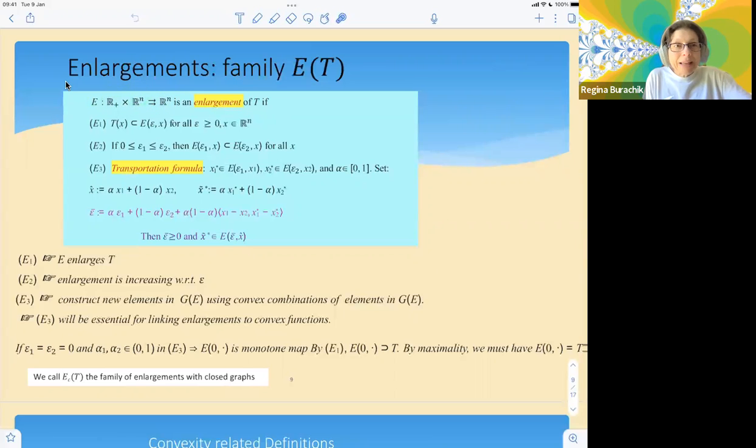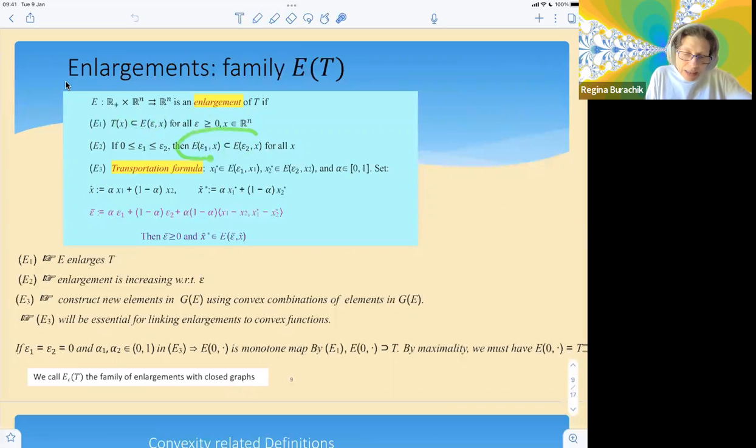And what is the ideal property of this enlargement? Of course, for every parameter epsilon, it should contain the target set. Your target set is Tx. And when the parameter decreases, the accuracy of your approximation should improve.